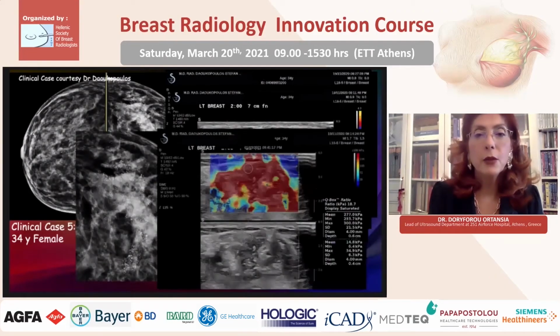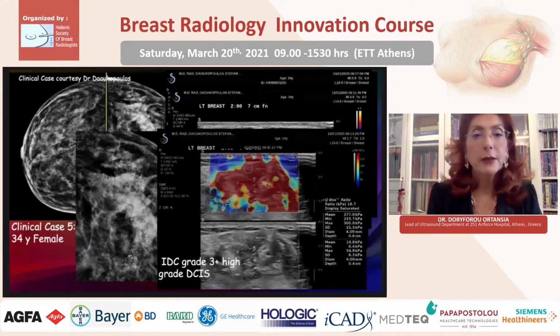Nothing really exciting on the Doppler, but with the shear wave, we see very high stiffness values indicating a high-grade malignancy. And it was a grade 3 invasive cancer with high-grade DCIS.